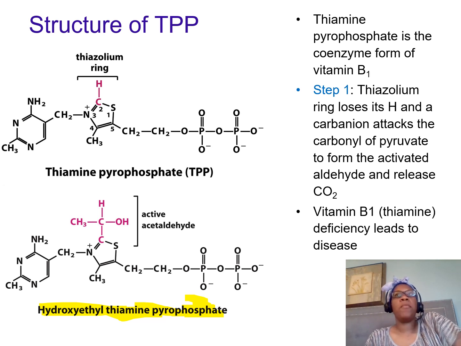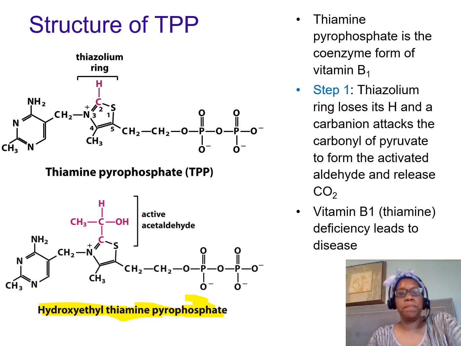And so when you have white rice and polished rice, which most of the world eats a lot of, they can be vitamin B deficient, and then they can't go through this decarboxylation part of the pyruvate dehydrogenase, and they can have some neuronal deficits and diseases from that. So it's really important for people to get this vitamin B in their diet so they can have TPP, so they can perform this function.